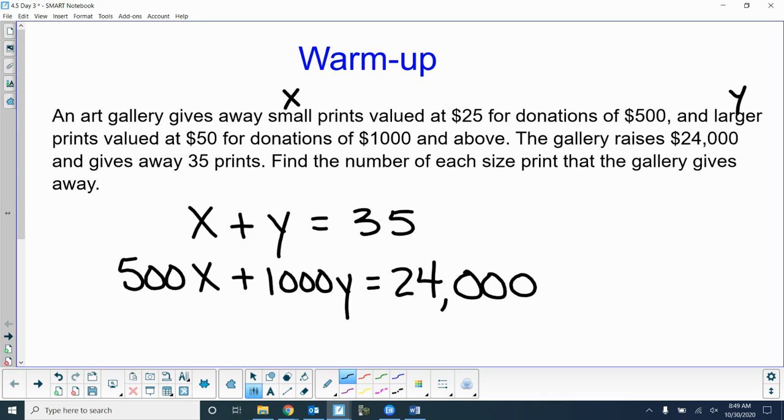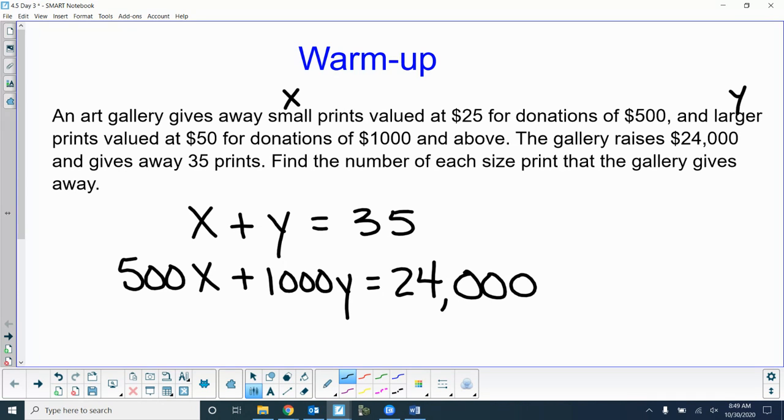If they were 25 and $50 like they're supposed to be, they wouldn't have made the 24,000, right? So it was trying to raise money for the art gallery. So there's the two equations.